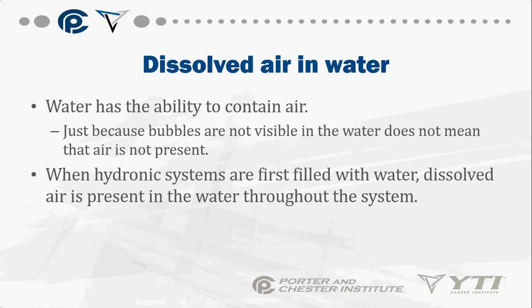You will run into this when you get out into the field, especially in homes that are zoned. You probably have a service call where the customer complains that their living room is nice and warm, but their bedroom is cold. That's an indication of an airbound type of system. You might have to try to get the air out.